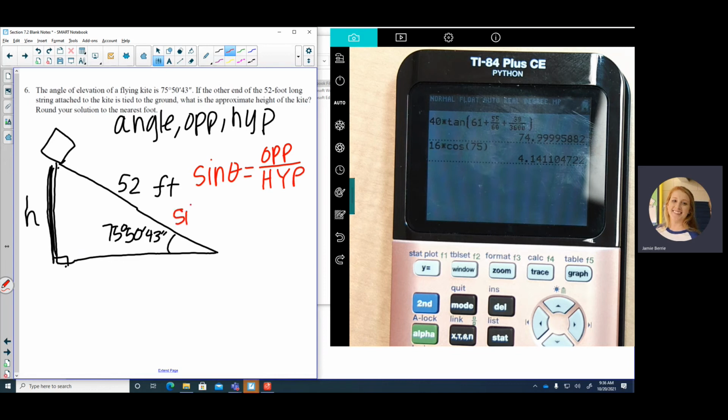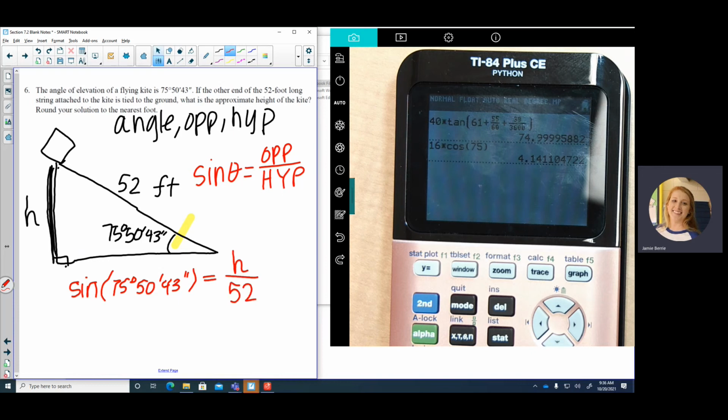Our angle theta is 75 degrees, 50 minutes, 43 seconds. It's opposite over hypotenuse, so the opposite side is H, the hypotenuse is 52.